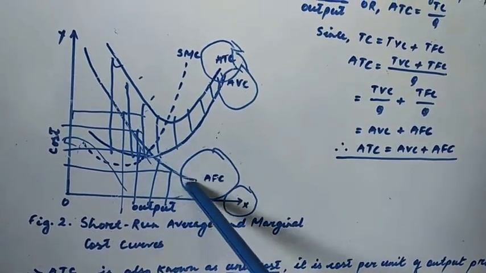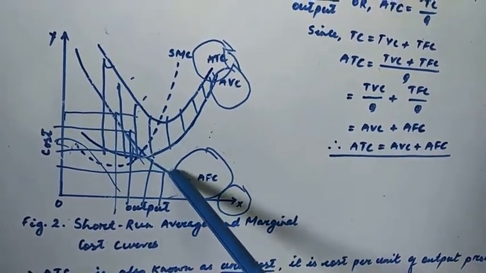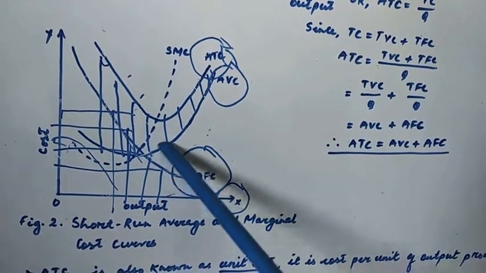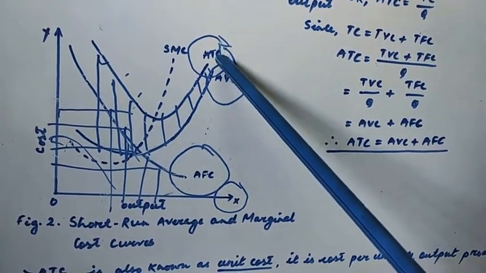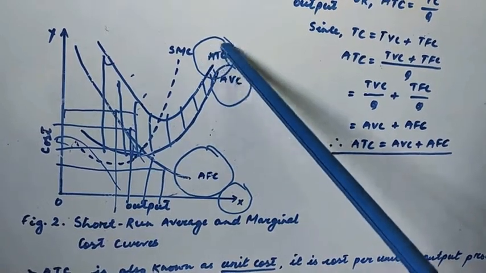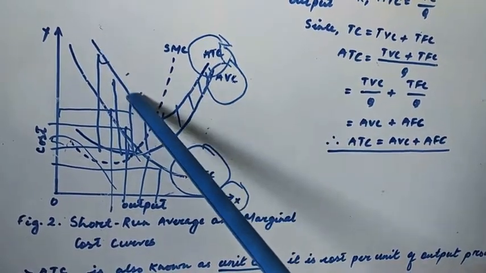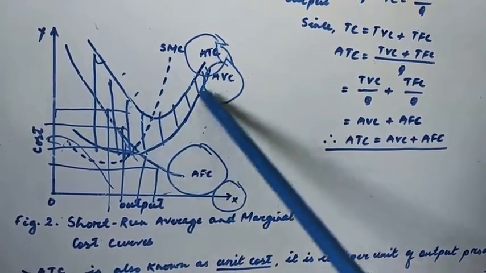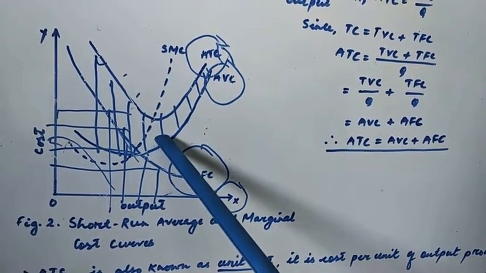Since the fall in AFC is much bigger and stronger than the rise in AVC, the average total cost curve falls further when AVC begins to rise in the beginning.